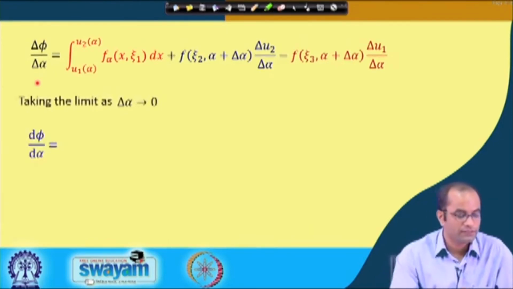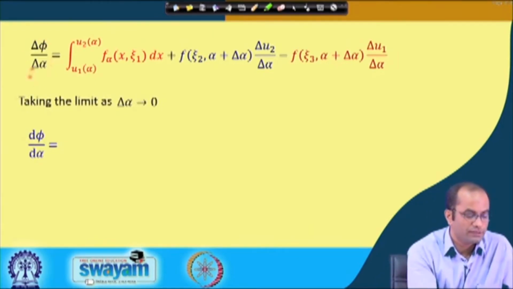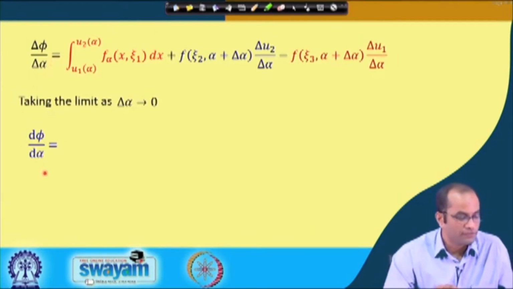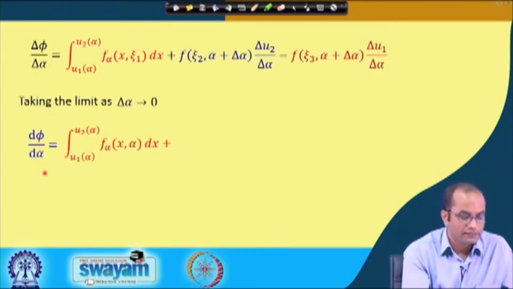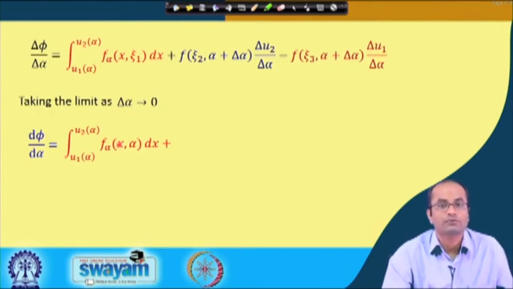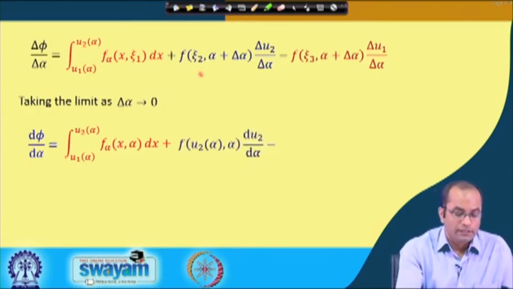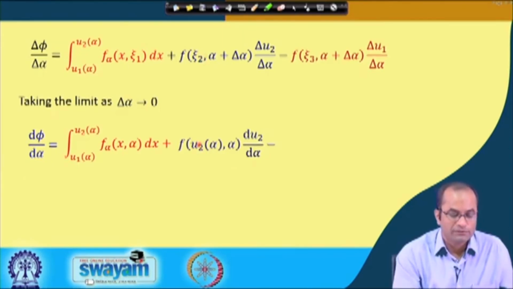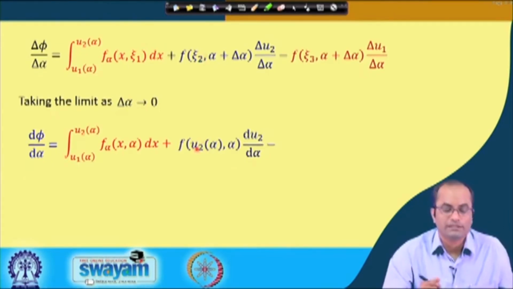So, passing this limit delta alpha goes to 0, this will become d phi over d alpha, the derivative, and this first term: the xi 1 will go to alpha, and we have u 1 alpha to u 2 alpha f alpha, the rest everything is the same. Here we have this xi 2 term, and the xi 2 lies between u 2 alpha and u 2 alpha plus delta alpha.